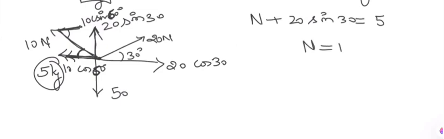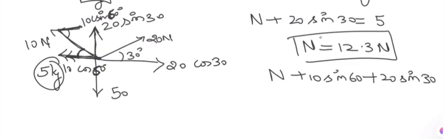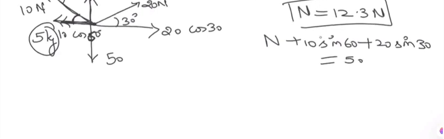Yes, ma'am. So 12.3 newtons you have sorted, and it was actually N plus 10 sine 60 plus 20 sine 30 equal to 50, right? This was the equation. Yes, ma'am. Done. Now the next equation, as I had told you, it will be 10 cos 60 equal to 20 cos 30. Done.